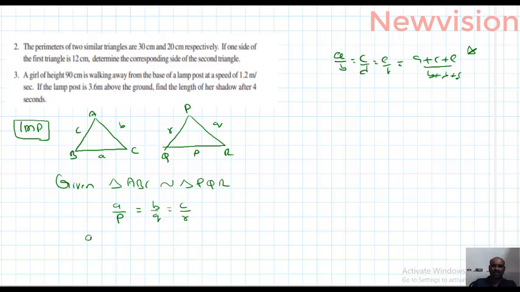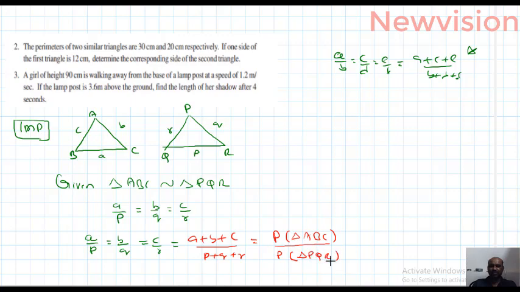That's why directly I can write here a by p equal to b by q equal to c by r is the same as a plus b plus c by p plus q plus r. So what is a plus b plus c? Perimeter of triangle ABC. What is p plus q plus r? Perimeter of triangle PQR. So from this we got one important result: if two triangles are similar, the ratio of their perimeters is in the ratio of their corresponding sides.